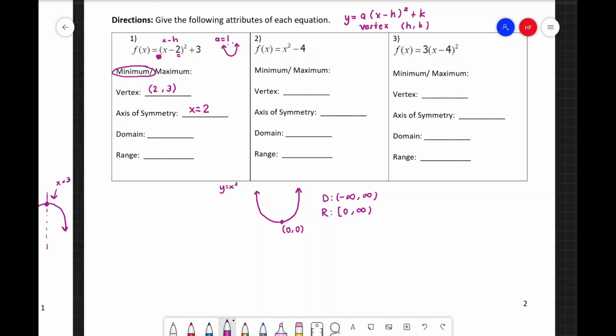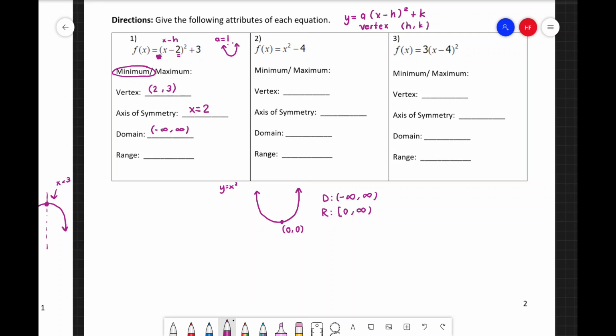So from the parent function, we moved to the right 2 and up 3. My domain is not going to change. I still have this U shape that is going to encompass every single x value. So the domain is still negative infinity to positive infinity.